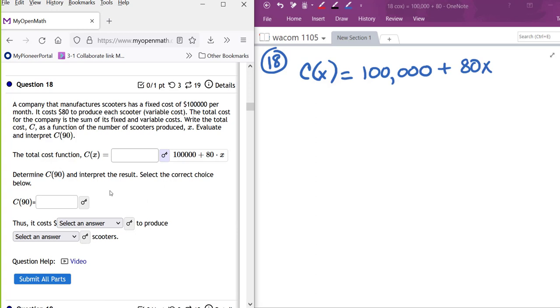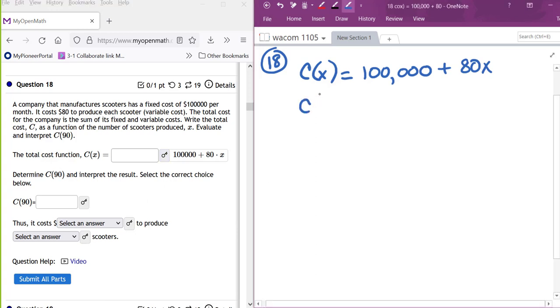And then the other question says evaluate C of 90. C of 90 is just saying, okay, how much does it cost to produce 90 scooters? So all you do is plug in.